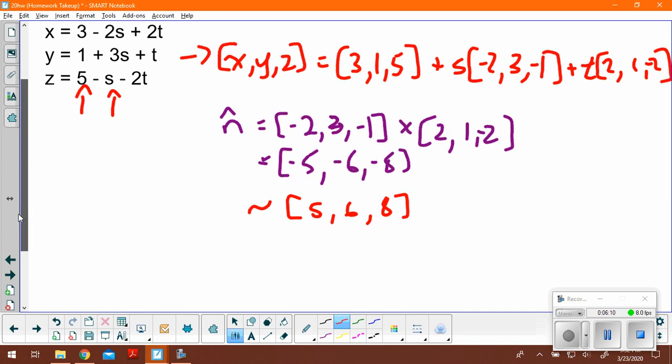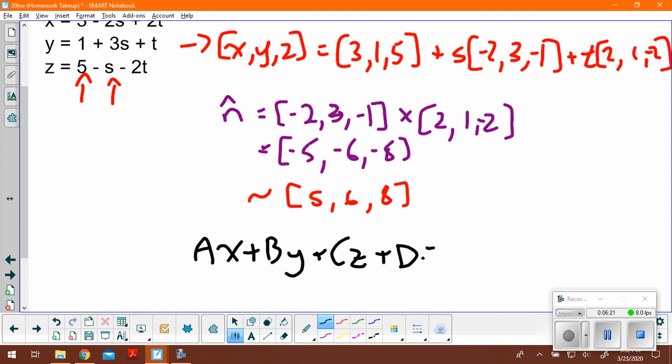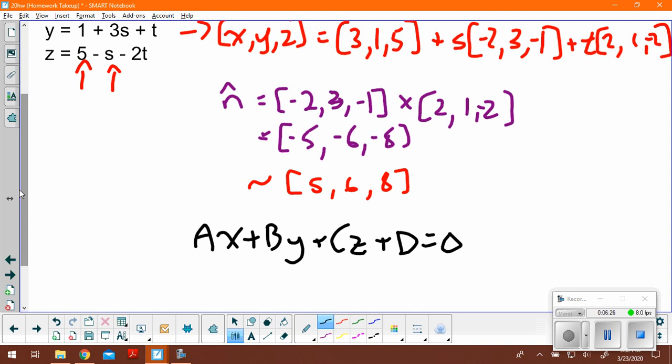Now that I have my normal, I can use that to build my equation. So ax plus by plus cz plus d equals 0. My normal, I have 5 and a 6 and an 8, and my point was 3 and a 1 and a 5, plus d equals 0.